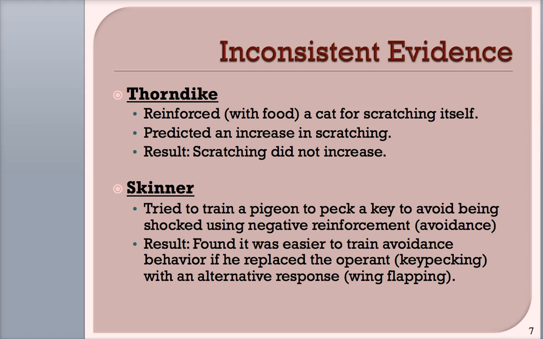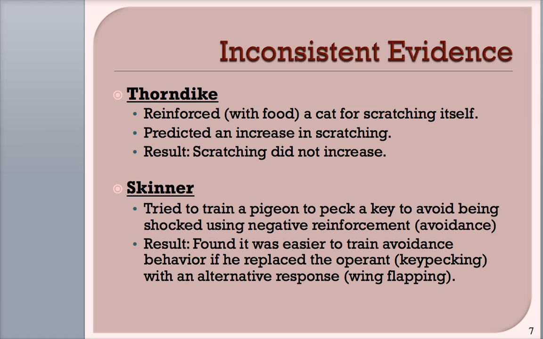So if you can imagine a cat scratching itself, he tried to reinforce that behavior with food. So whenever the cat would scratch, he would provide food, and he predicted that the food should increase the rate or the frequency of scratching. But in fact, it didn't work. Scratching did not increase in this case. He had records of it, but he never really did anything with the data because it appeared that the experiment didn't work.